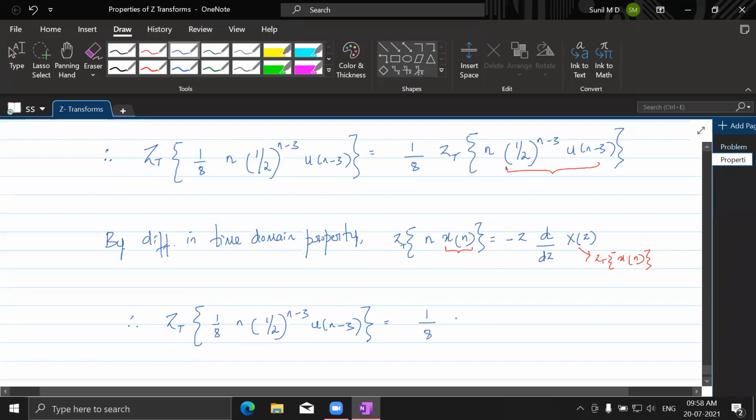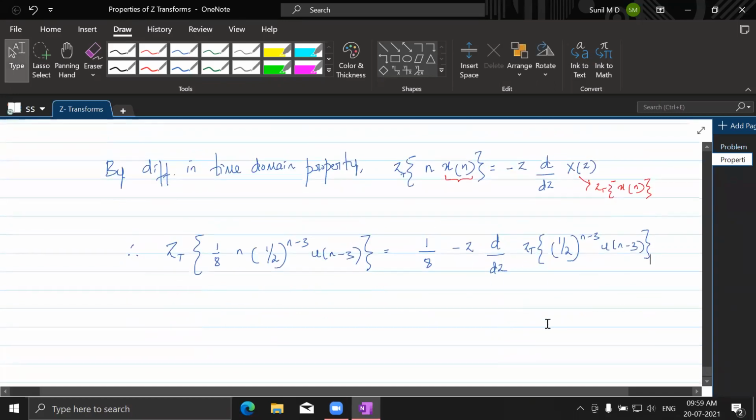Then you have minus z into d by dz of the Z transform of half power n minus 3 u of n minus 3, which we have obtained in the previous case. Just write that.